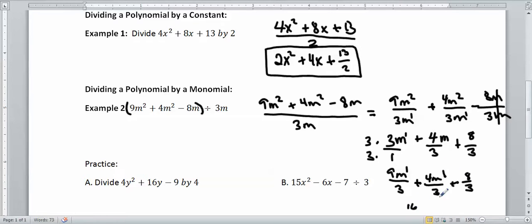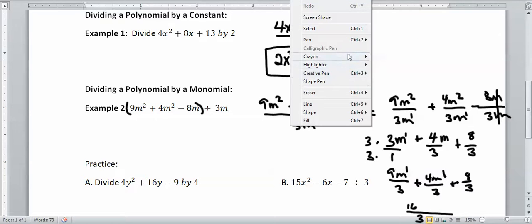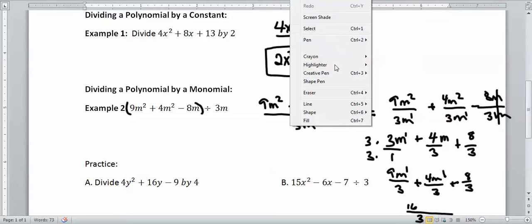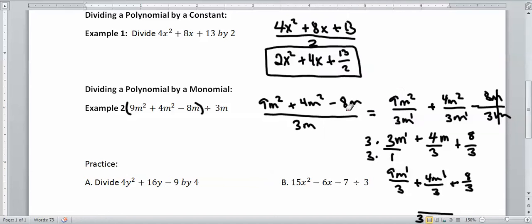Since everything is over 3, I'll just put that all on the bottom. 9 plus 4 is not 16, I apologize, it's 13. Just fix that. Okay, so 13m1 plus 8. That's my final simplified answer.